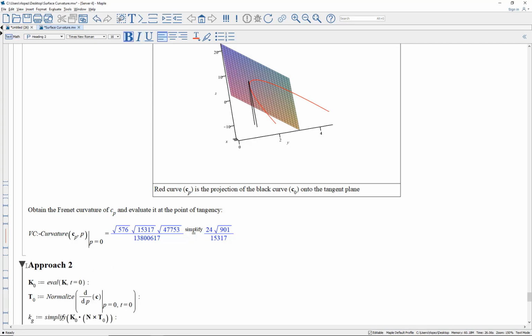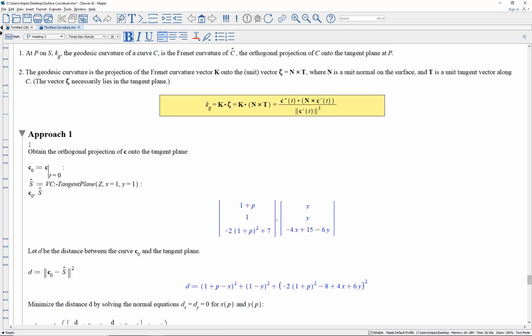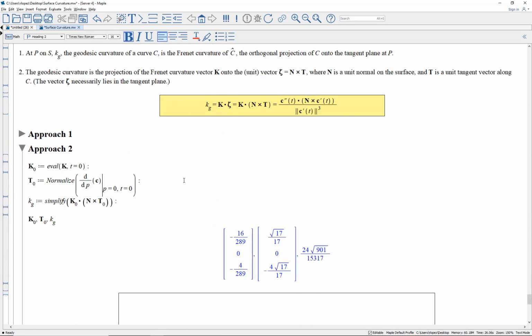In the second approach, we are looking to use this formula. What are the ingredients? I'm going to use this part here: the curvature vector. We had it for the family, but we want it for just one member of that family, the curve where t equals 0.